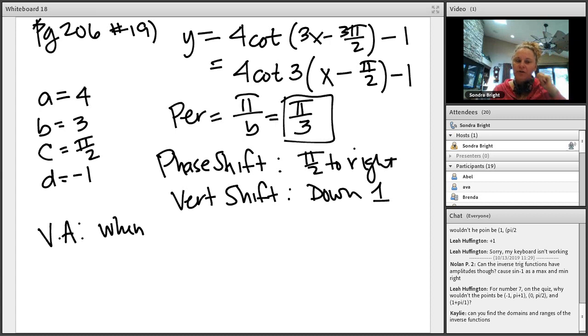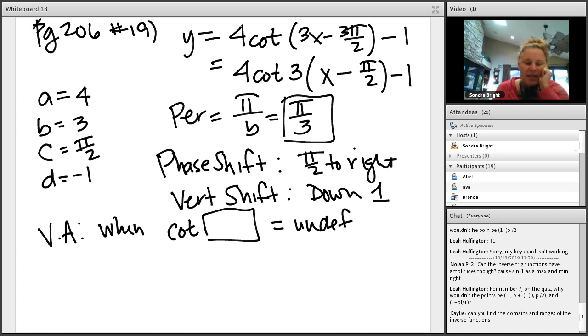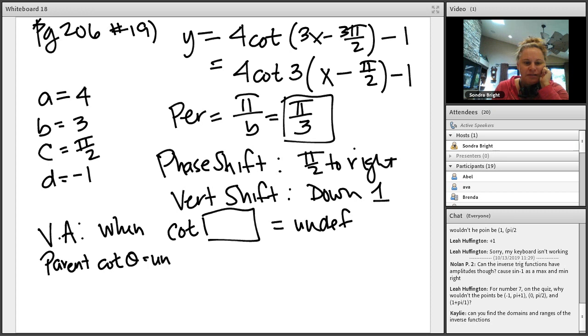So your vertical asymptotes are when cotangent of your angle is undefined. Let's talk about your parent graph: cotangent of theta is undefined when x over y is undefined, and so that means when y is equal to 0.